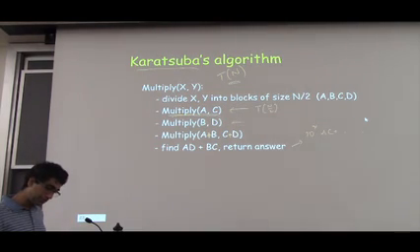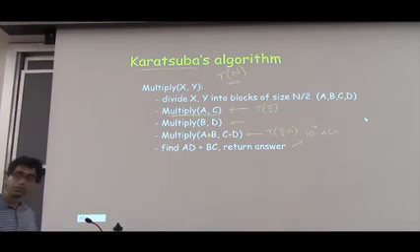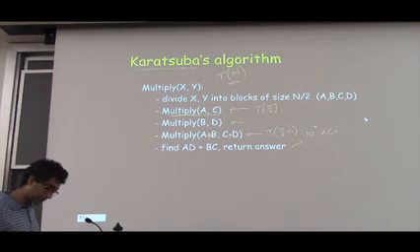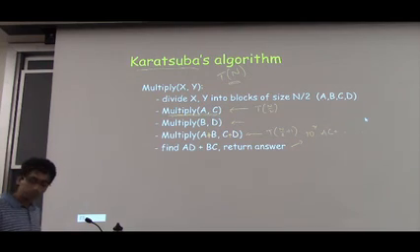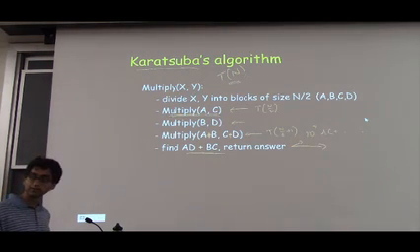Same for this, and same for this. You have to be a little bit careful. It's n by 2 plus 1, but it's roughly the same. You'll realize that the induction works out correctly. And how long does this take? First you have to find this AD plus BC, and then you have to return the answer.